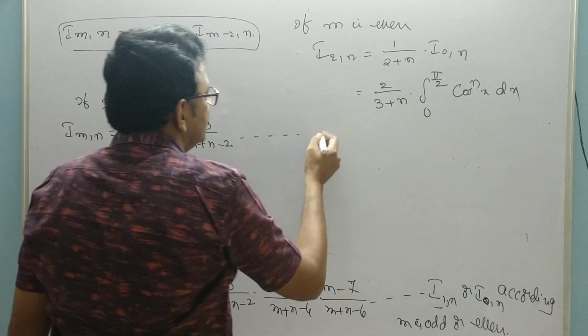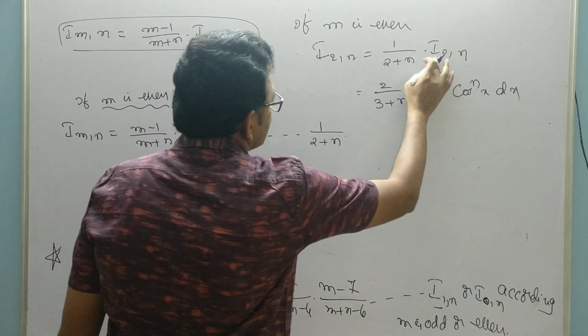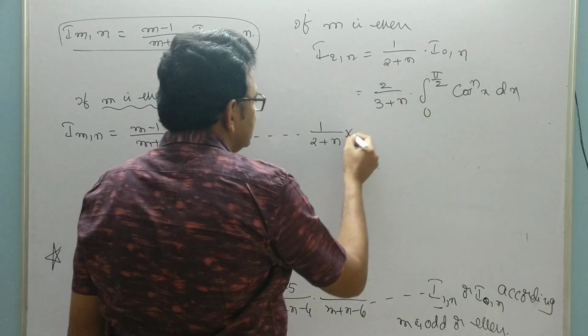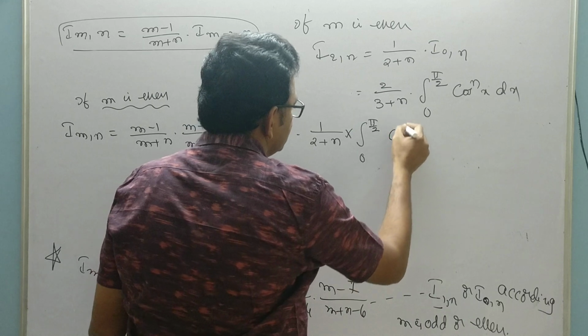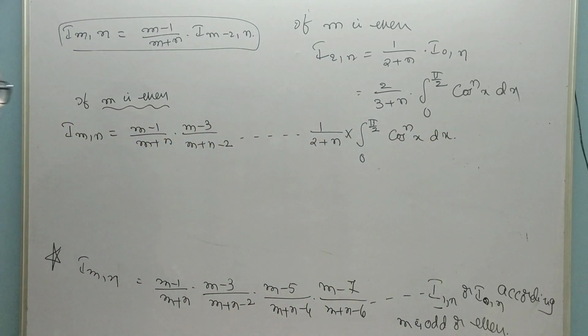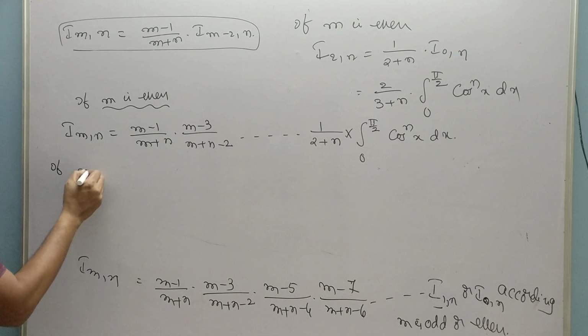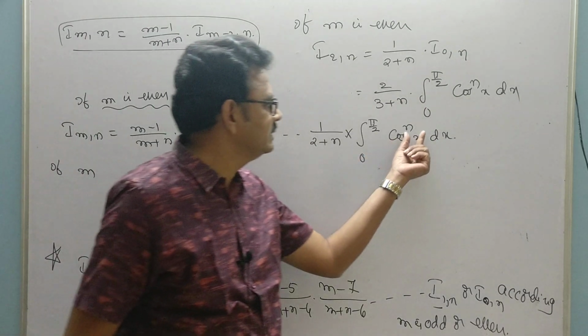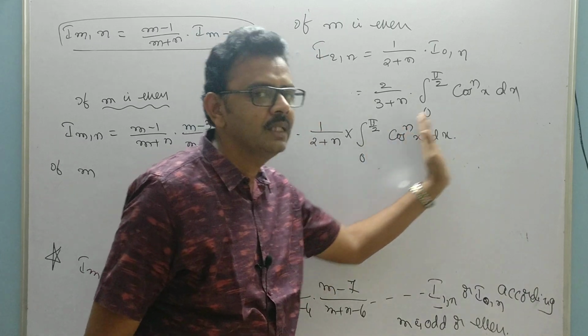What about the last one? (2 by 2 plus n) into I(0, n), where I(0, n) is the integral 0 to pi by 2 of cos power nx dx. Again we have two cases. If n is an even number, you get one expansion. If n is an odd number, you get another expansion.